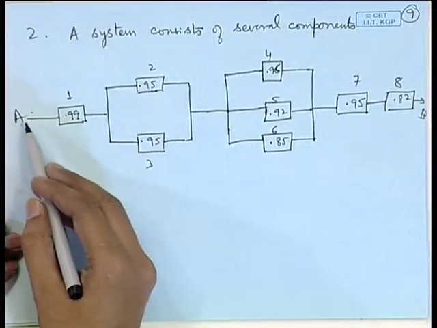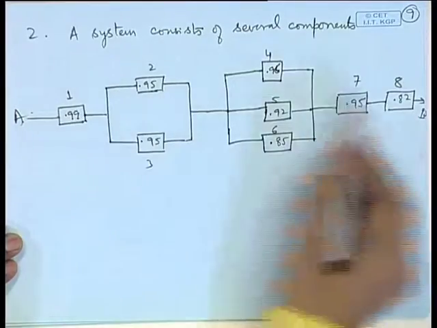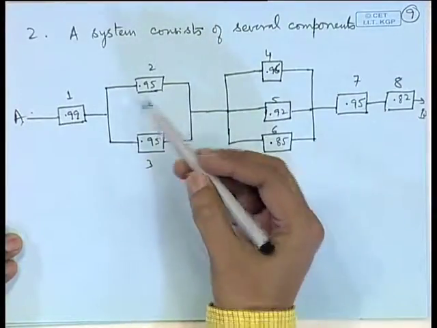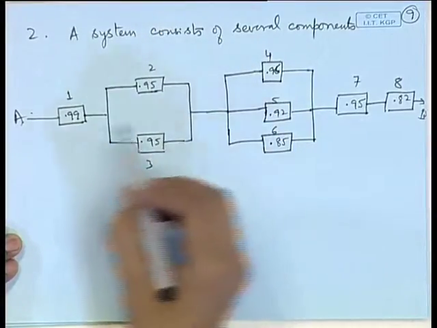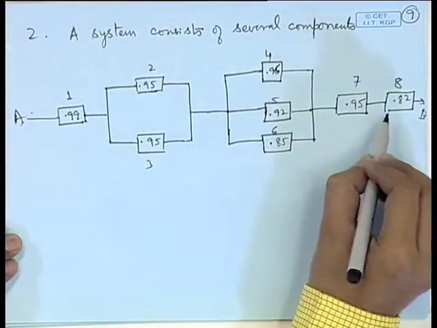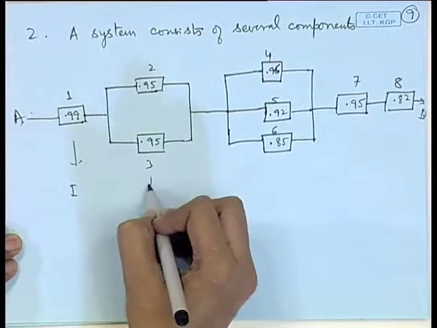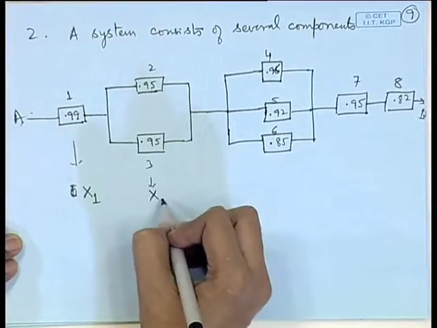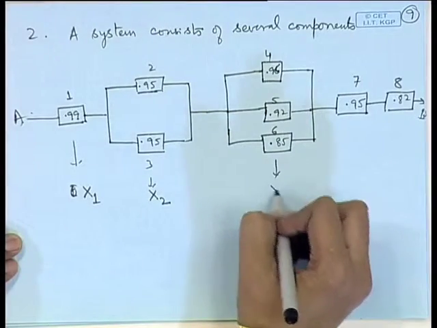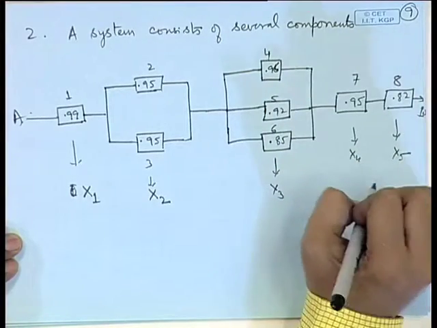So, the entire assembly is consisting of A to B, 8 components, out of which some of them are connected in parallel and some of them are connected in series. Let us name these systems as, say, system life X1, this system life as X2, this system life as X3, this as X4, this as X5.